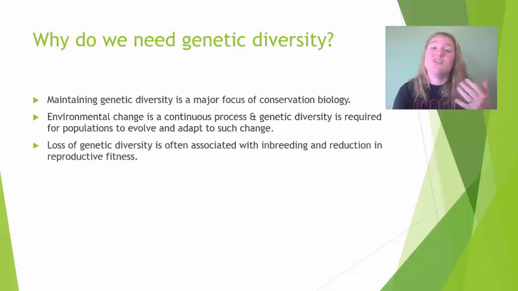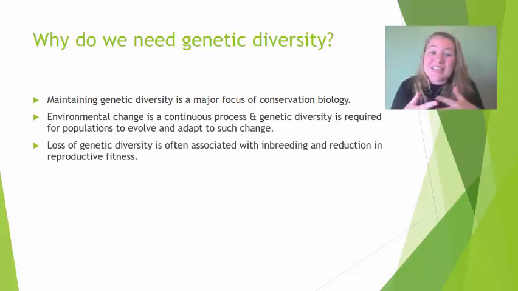Loss of genetic diversity is often associated with inbreeding or some kind of reduction in reproductive fitness. In instances of inbreeding, you take two individuals that are already relatively genetically similar, and those are the ones that breed to pass on their offspring.